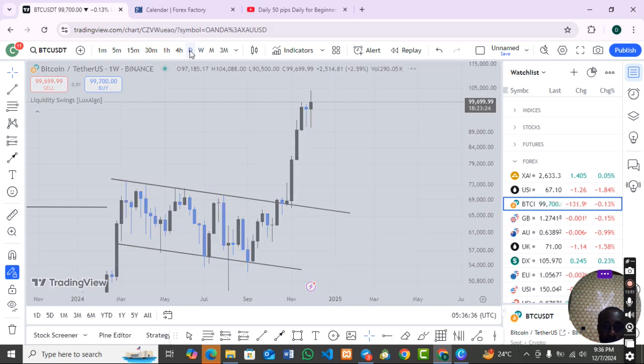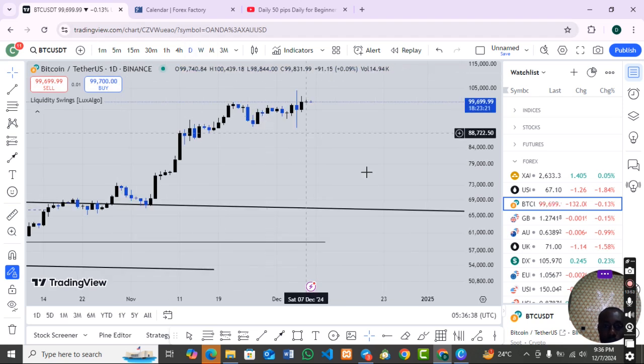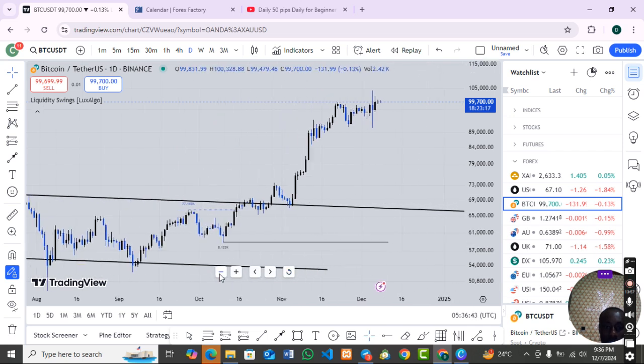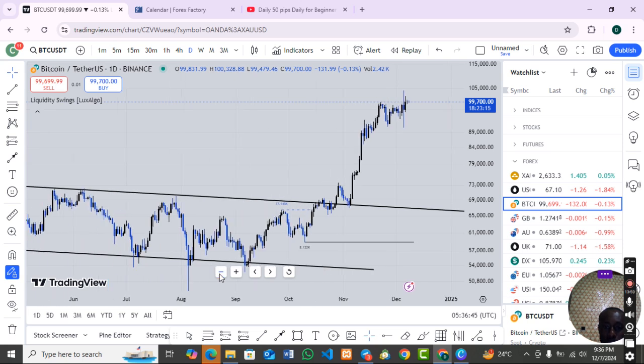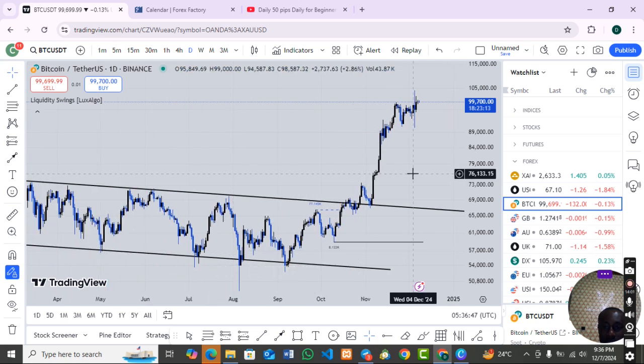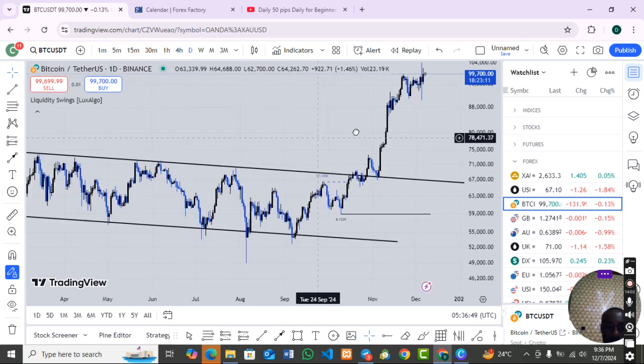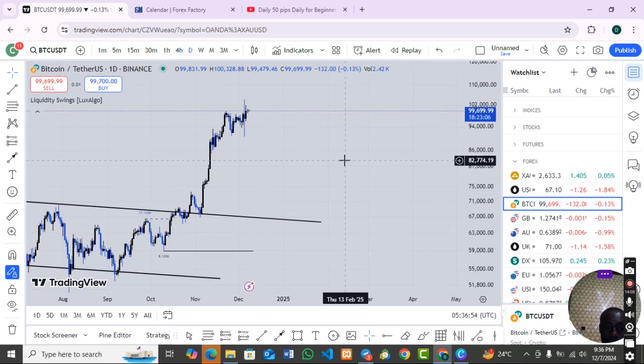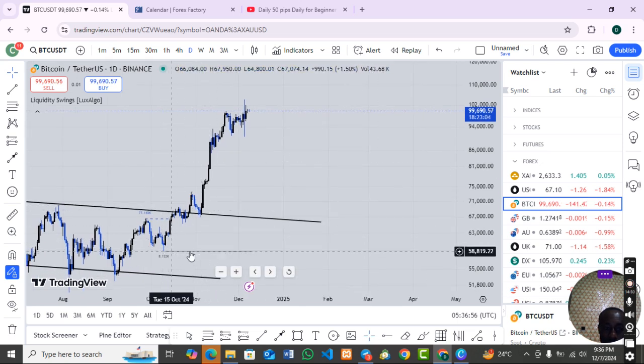Now let's go to the daily time frame. If we go to the daily time frame, what should we expect? Before you jump into the trade or take the sell opportunity, guys, you must always think about market structure. As you can see, there is a liquidity pool over here where we have this line.